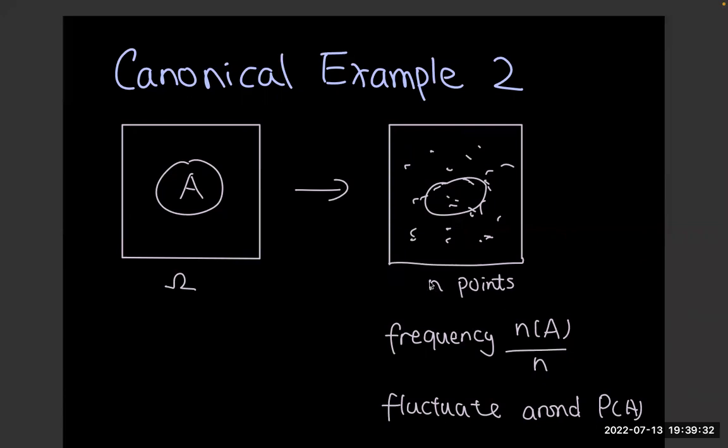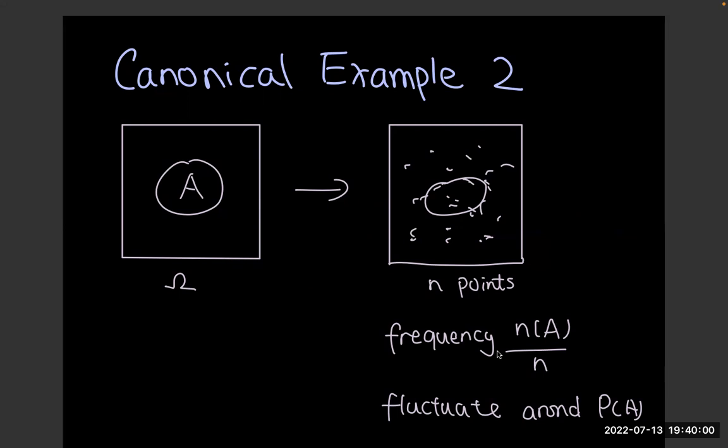Let N_A be the number of points in A. Even if you fix n to be 10,000, N_A can be random. Suppose each one of you in this class does the same experiment, that is, throws 10,000 points randomly into omega. Then if you count your N_A, each of you may have your own N_A. N_A is not fixed, it can be random. If we look at the frequency, N_A divided by n, this is how often A happens.